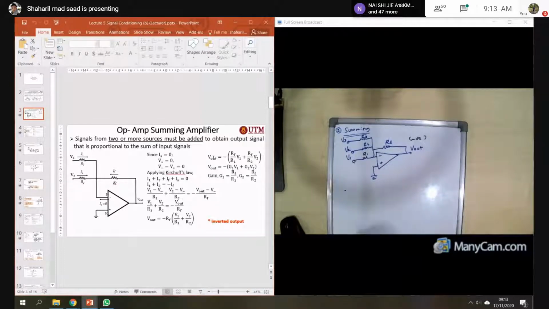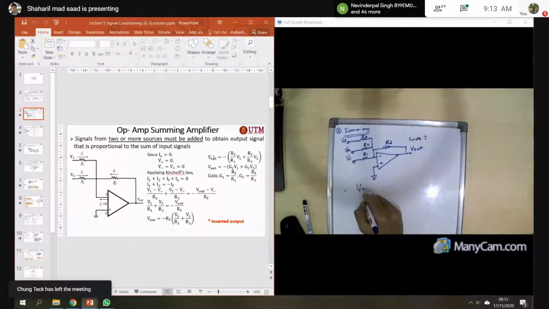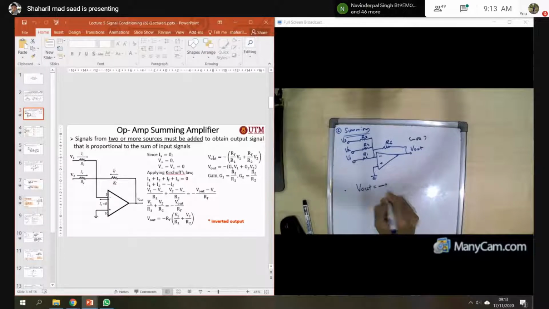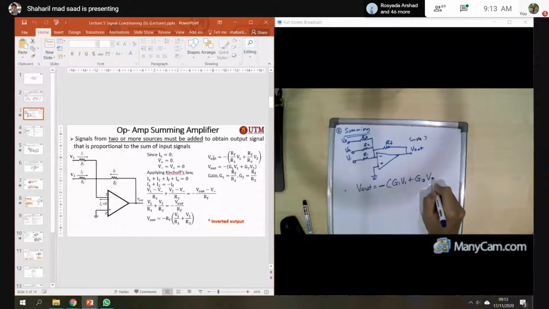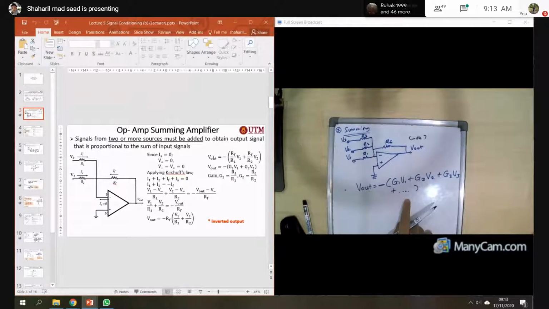So the formula for V out is: V out equals minus G1 V1 plus G2 V2 plus G3 V3 and so on. In this case we have 3 inputs, so until G3.